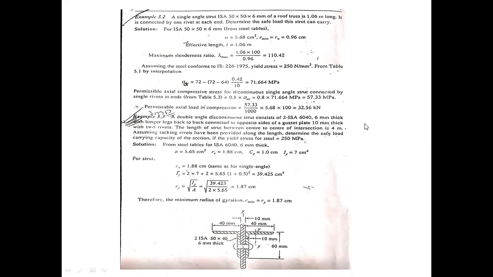The length of the strut between the center to center of intersection is 4 meter. Assuming tacking rivets have been provided along the length, determine the safe load carrying capacity of this section if the yield stress for steel is equal to 250 MPa.